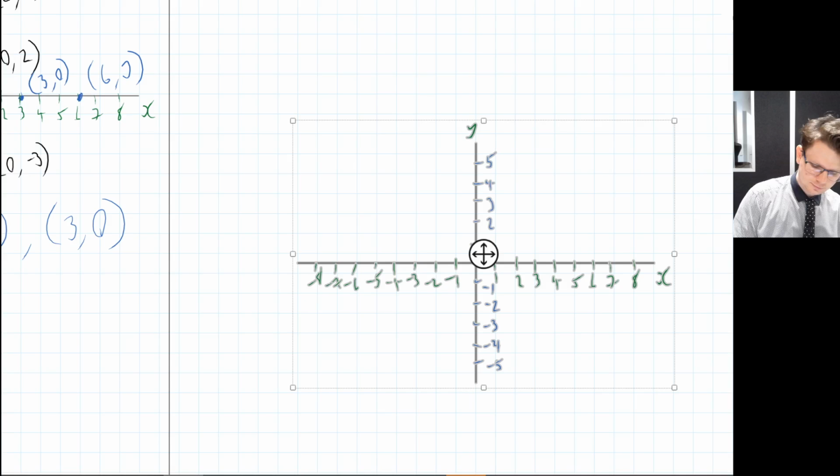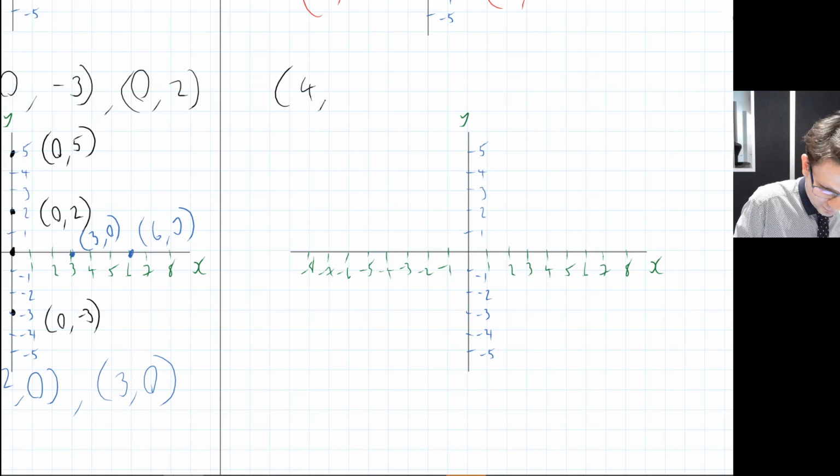So we're going to have 4, negative 2, negative 6, 8. Oh, we can't do that. We'll do negative 6, 2. Then we'll have 5, 0, and we'll have 0, negative 3. So plot those 4 points and then check your answers.